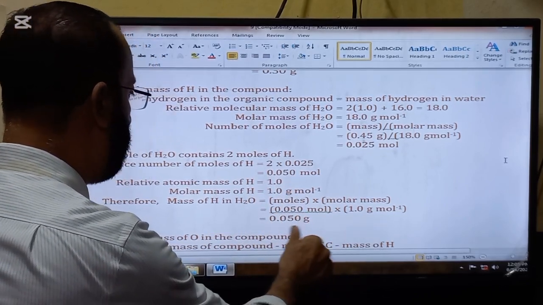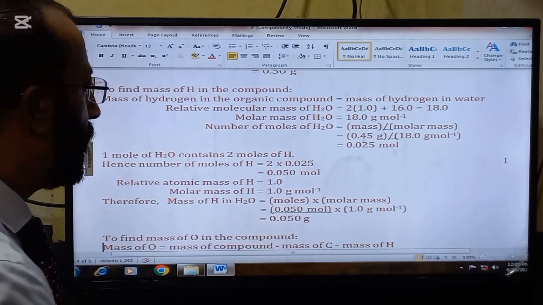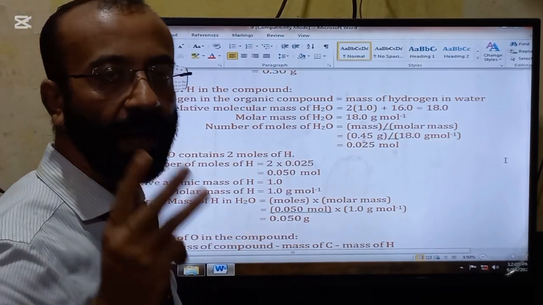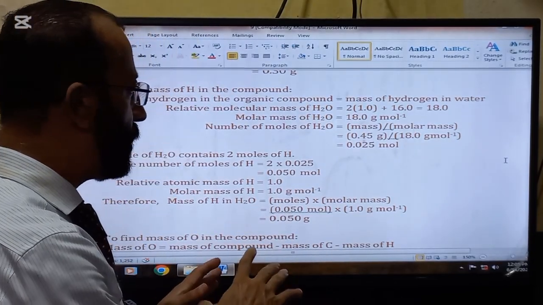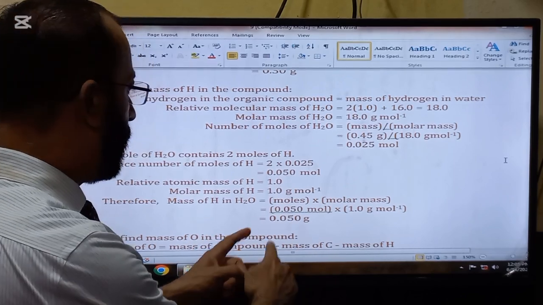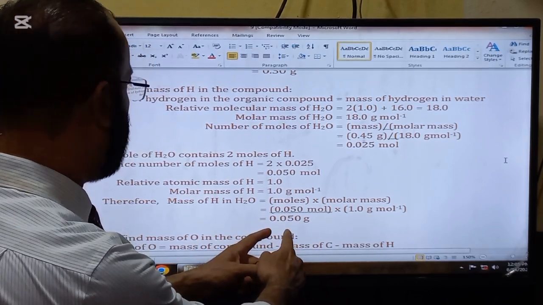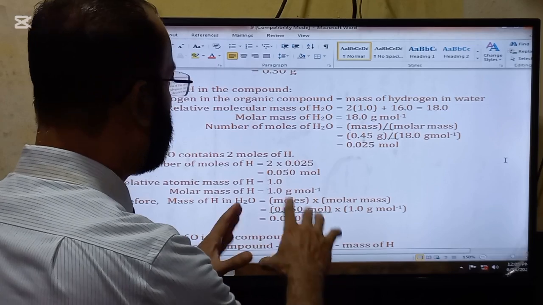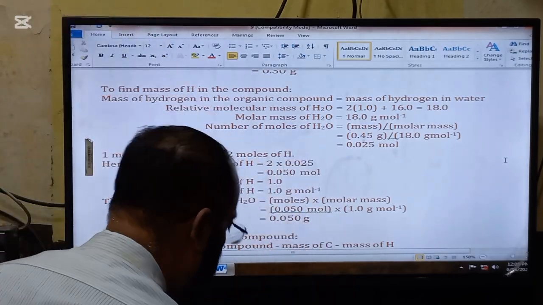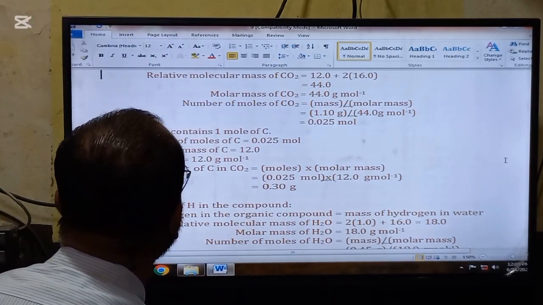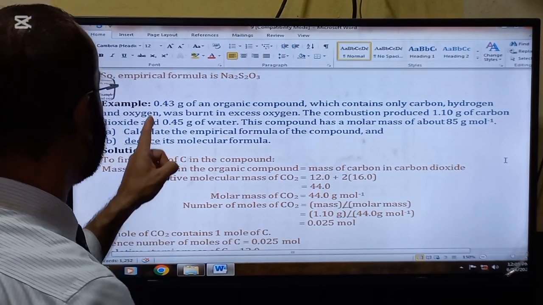Because it is given that there are only 3 elements, H, C and O, if we have found the H and C, we add them and subtract from the mass of the compound, that is this one.